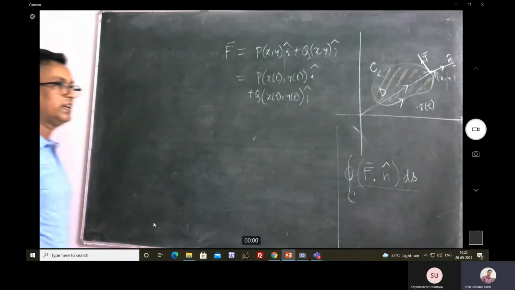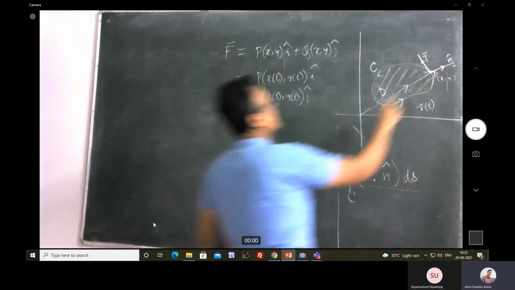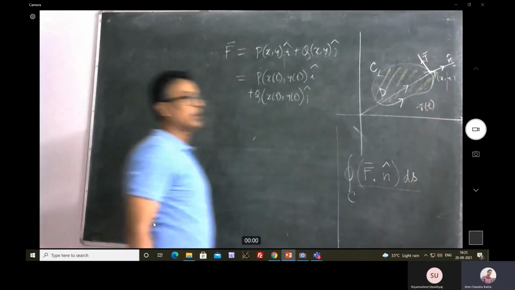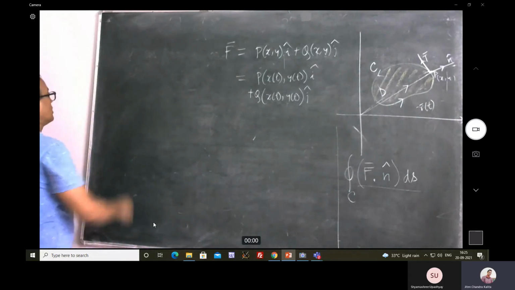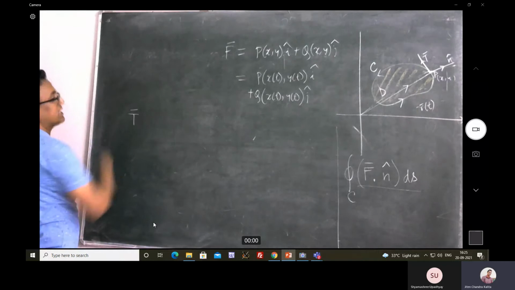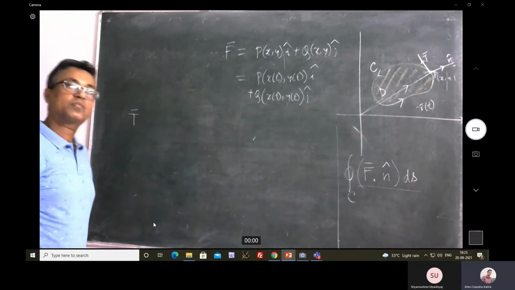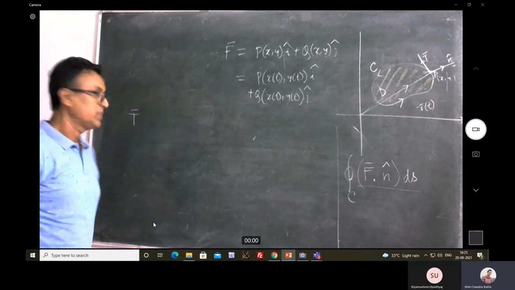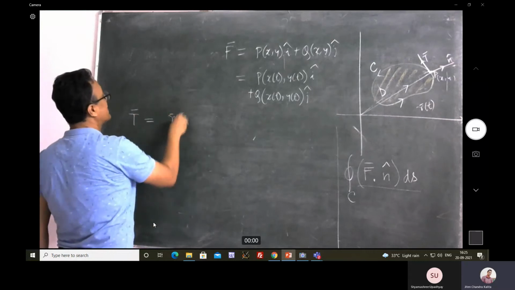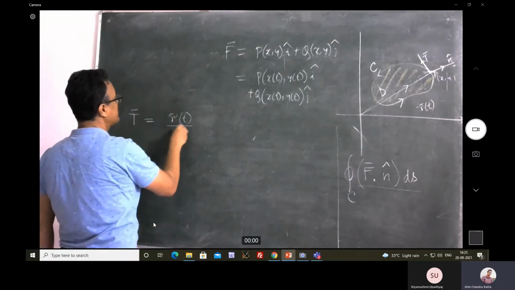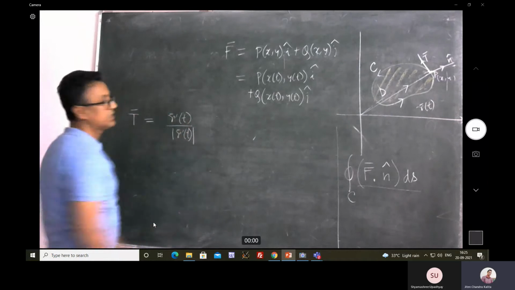Fine. Now in order to find the normal vector, to be precise the unit normal, we are first going to find the tangent vector to the curve C at the point P. Then you know that this is simply given by r'(t) divided by the magnitude of r'(t). Is it okay?